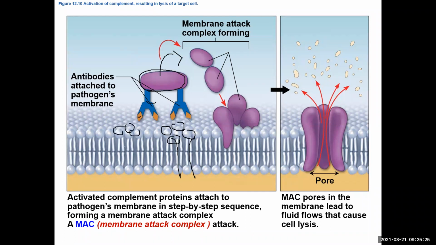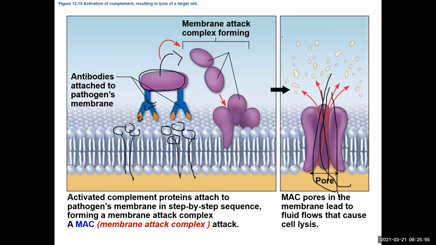When the channels are formed, the internal fluid will come out and the bacterial cell will burst. So this was the membrane attack complex. This is called complement fixation. Is it clear? The complements were activated just because we had an antigen and antibody complex.